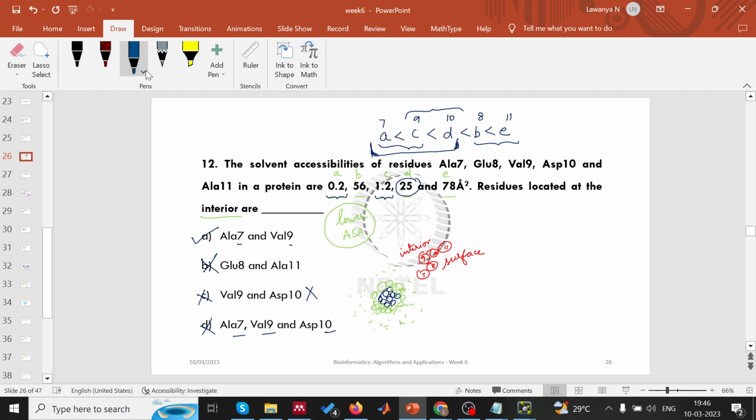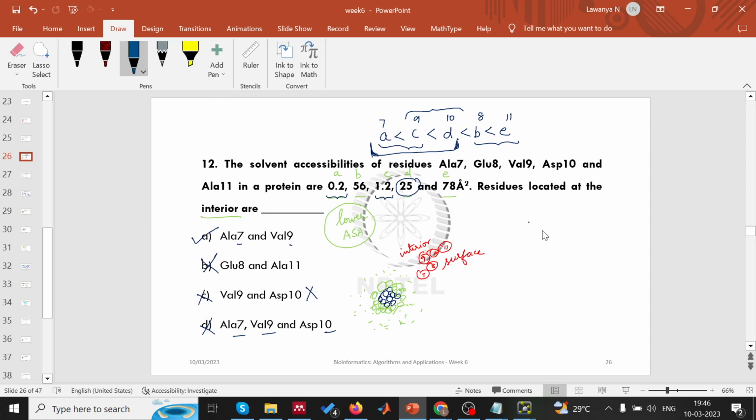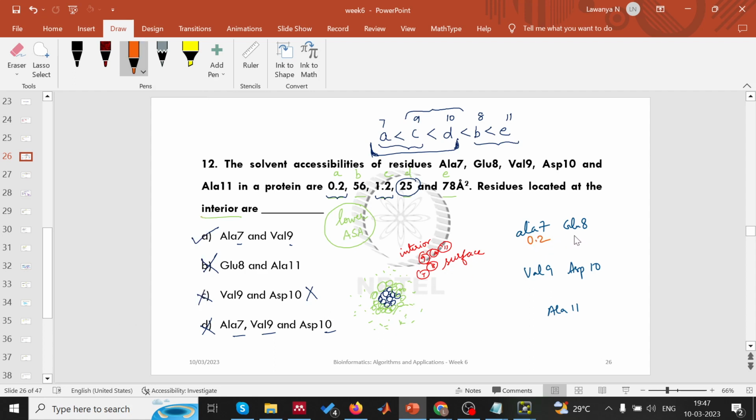We have ALA 7, GLU 8, VAL 9, ASP 10, and ALA 11. And the values are 0.2, 56, 1.2, 25, and 78, and all these are in angstrom square.